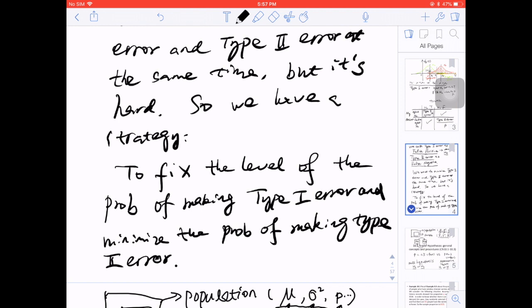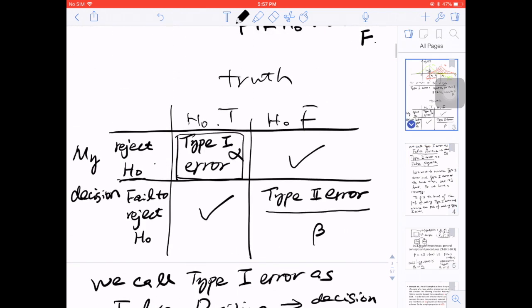So although we want to minimize both errors at the same time, it's hard, so our strategy is to fix the level of the probability of making type 1 error and then minimize the probability of making type 2 error.